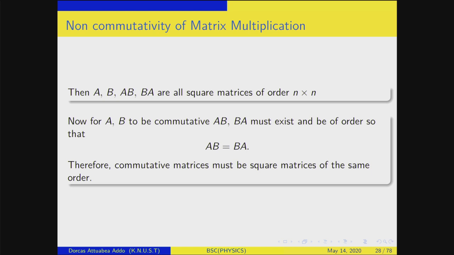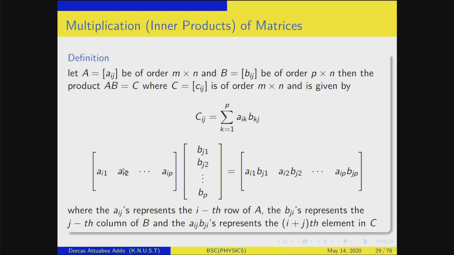So I have the first element multiplied by this, plus the second multiplied by this, plus the next, till the last number you have.